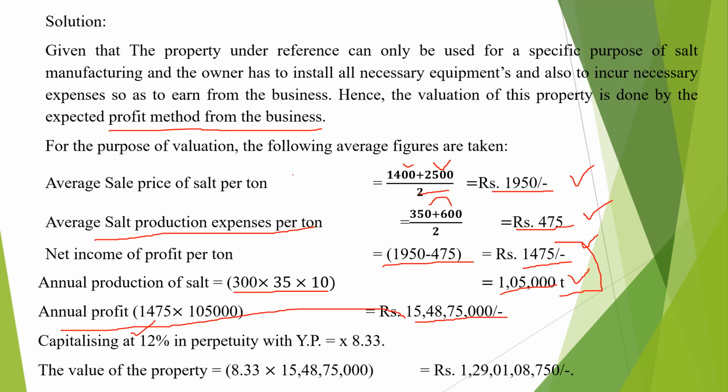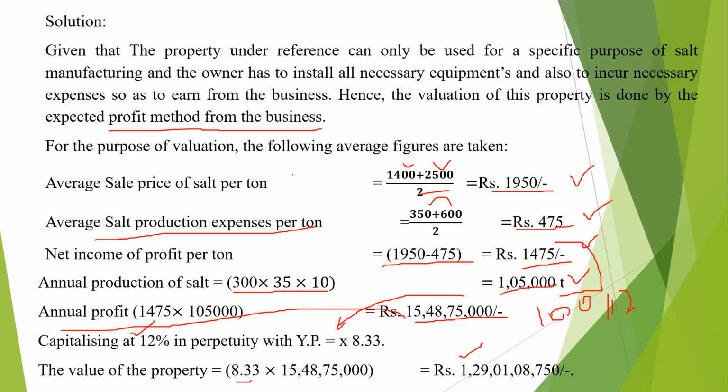You multiply net profit with YP, 100 upon 12, that will be YP. YP will be 100 upon 12, which will be 8.33. So you multiply the net profit with 8.33, that will give you the value of the property, 129 crore 1 lakh 8,750.